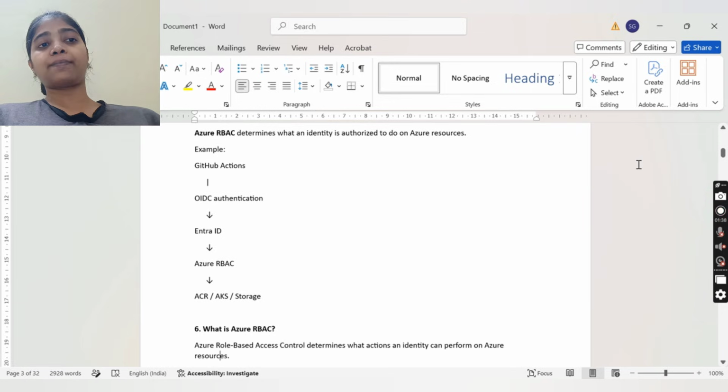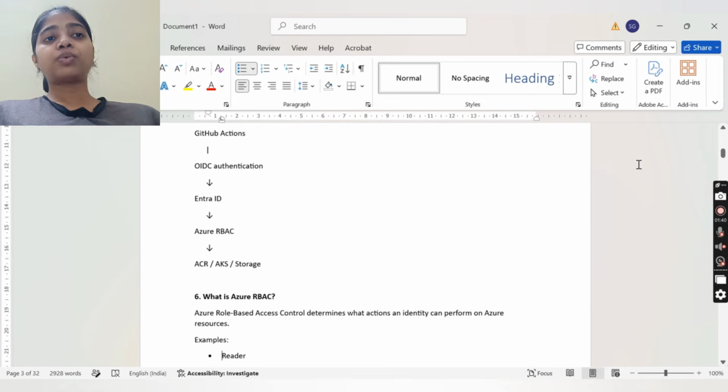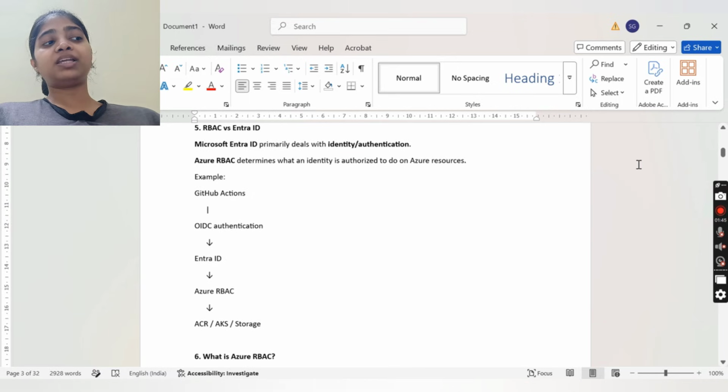So Entra ID is very important to know. We have Entra ID in Azure to manage the identity and authentication of the resources in Azure.